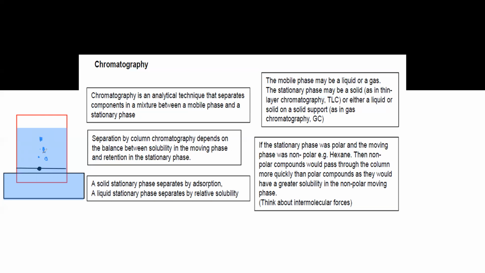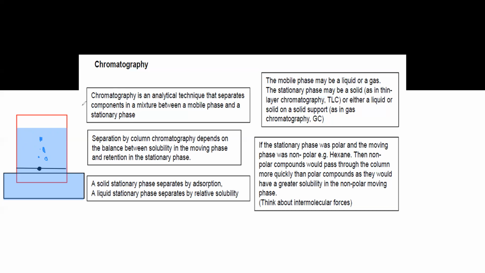If the attraction between the paper, the stationary phase, and the substance is more, then it will rise to a lower height or it will not rise. So using this technique, we can identify or separate the two substances. That's the main technique, paper chromatography. The chromatography can be paper chromatography, column chromatography, or gas chromatography as well.